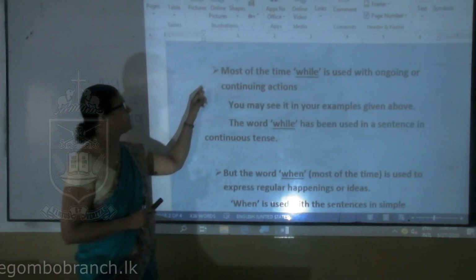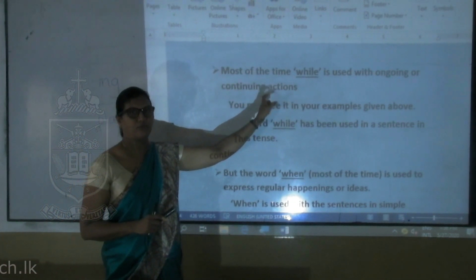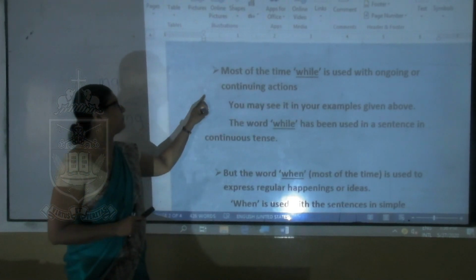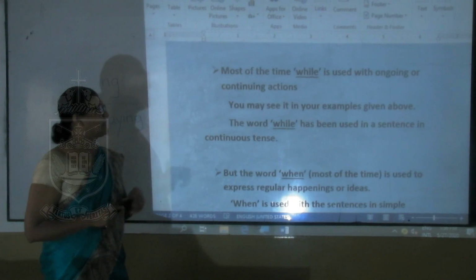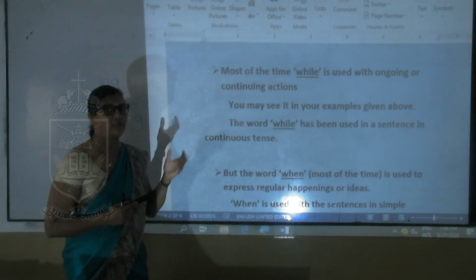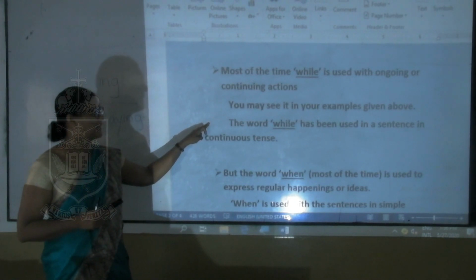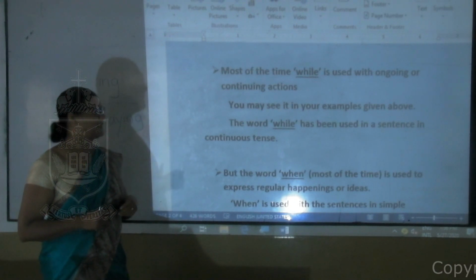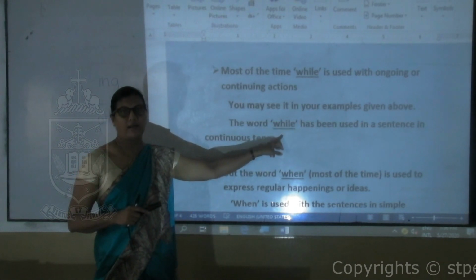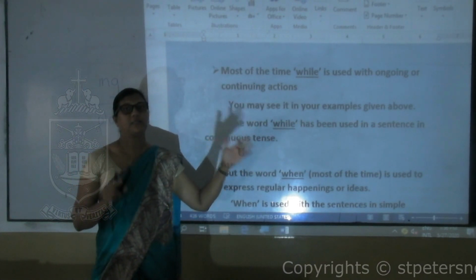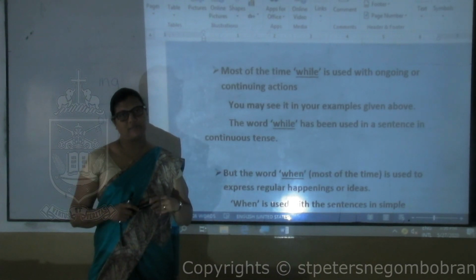Most of the time, the conjunction while is used with ongoing or continuing actions. You may see it in the examples given above. The word while has been used in sentences in continuous tense, past continuous or present continuous.